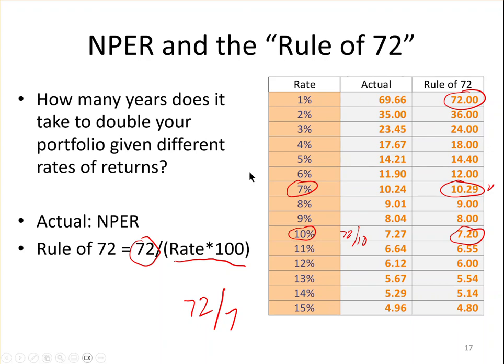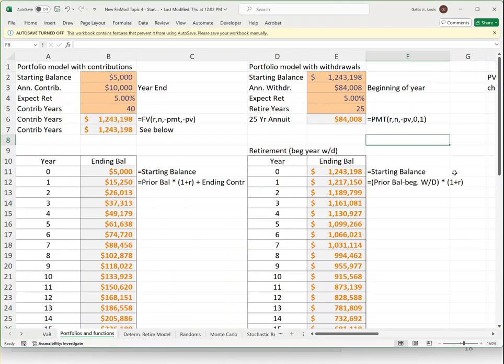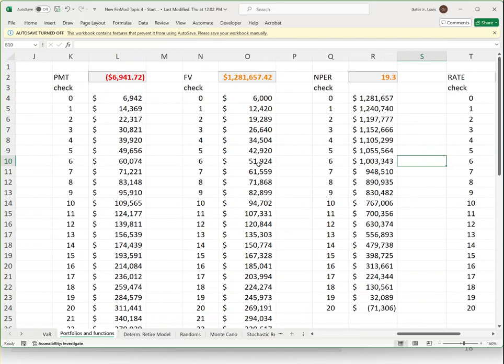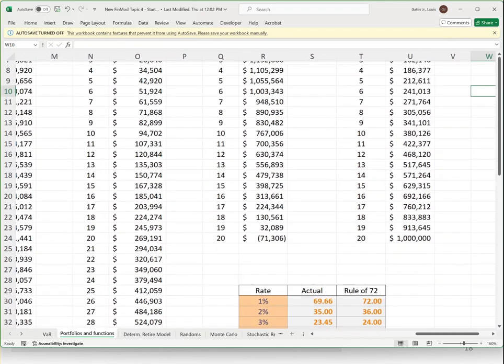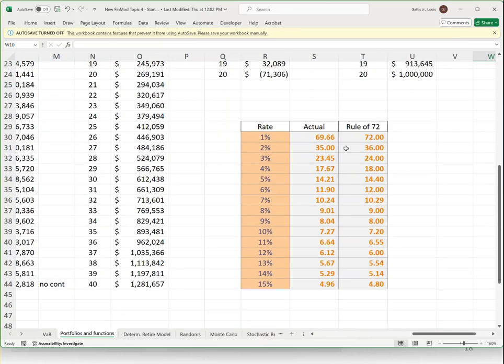In the spreadsheet, I actually modeled it using the actual functions in Excel. So we can go to that. Got it right down here.